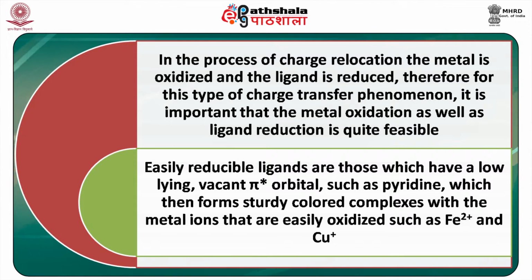Easily reducible ligands are those which have a low-lying vacant pi star orbital such as pyridine, which then forms strongly colored complexes with the metal ions that are easily oxidized such as Fe2+ and Cu+.